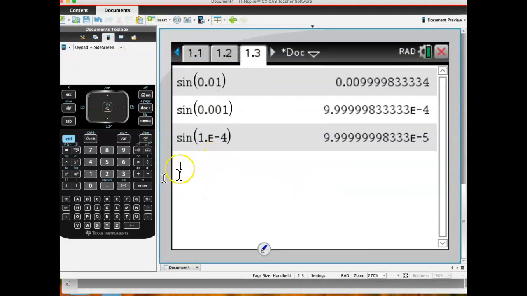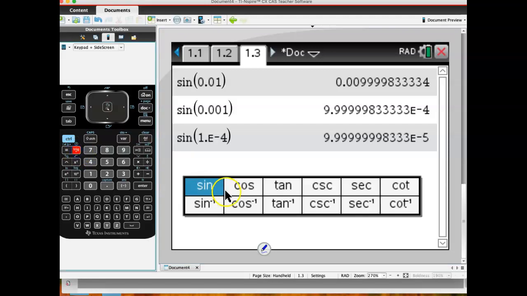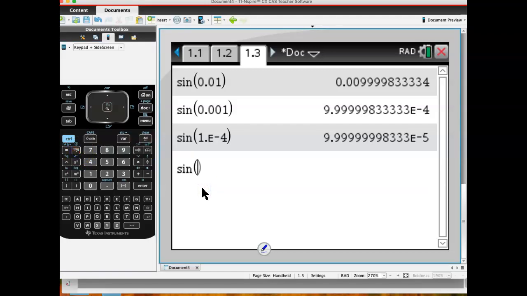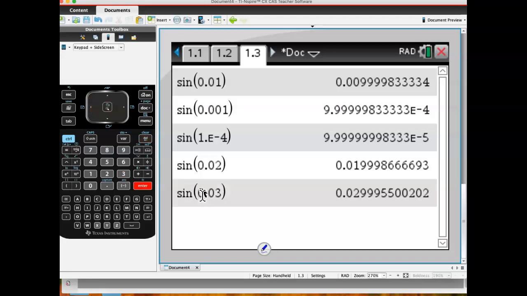What is the sine of 0.02? I think that's what I was putting in, 0.02. It's basically 0.02. What's the sine of 0.03? It's virtually 0.03, okay?